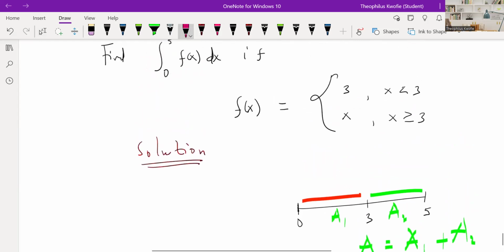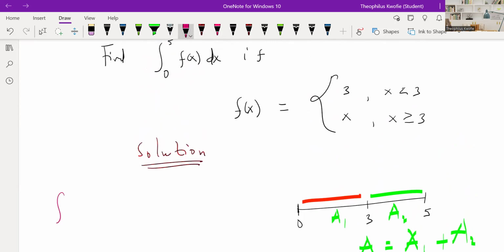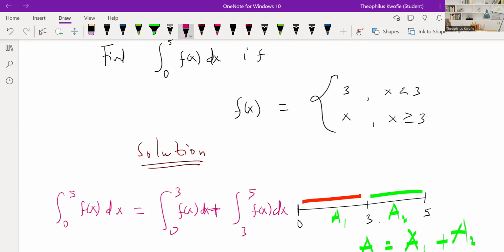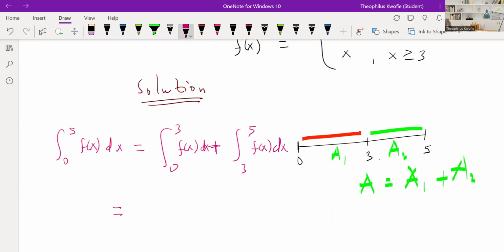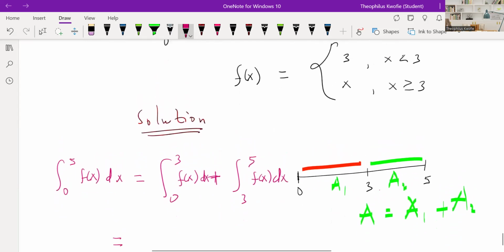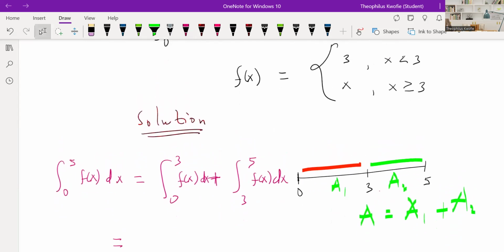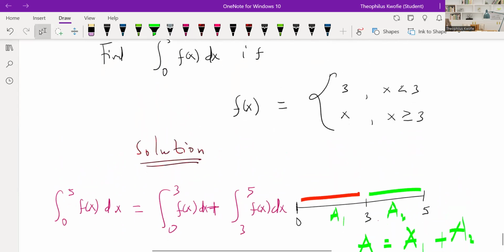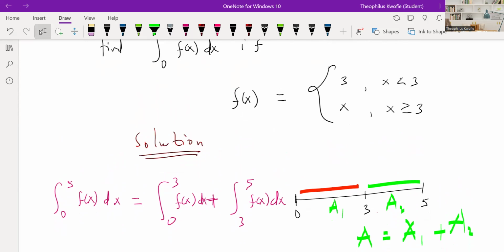So with that, it just means that the integral, we are going to define it from what? We're going to move from 0 to 3, right? f of x, then we move from where? From 3 to 5. Very important. Let's take note of that. Now, what function is defined from 0 to 3? It is the first one, which is 3.